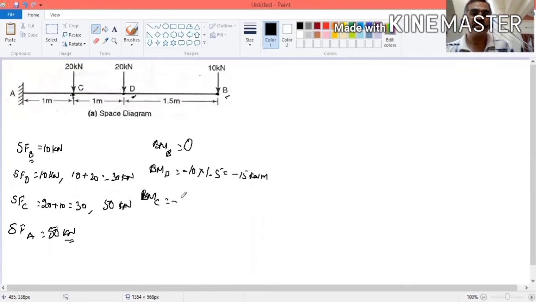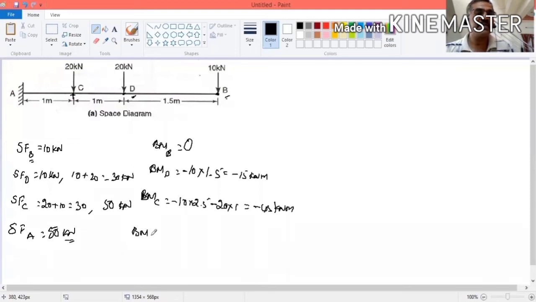So minus 10 into 2.5. This also will produce a clockwise moment, so minus. This is 20 into 1. It is equal to minus 25 minus 20, minus 45 kilonewton meter. Now you find the bending moment at point C.